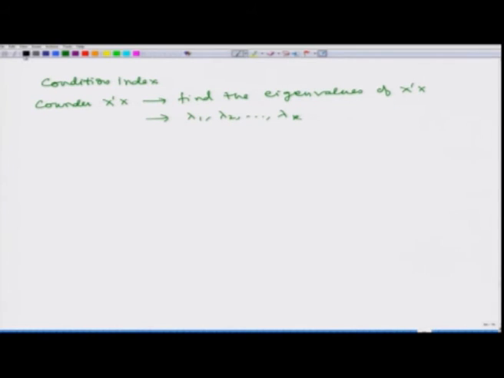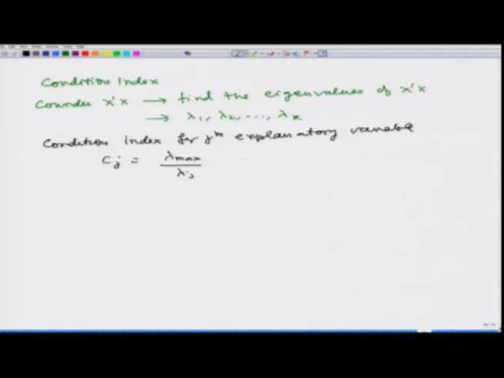Then based on that, we define the condition index for the jth explanatory variable as C_j equal to lambda maximum upon lambda j, and j goes from 1 to k, where lambda maximum is the maximum value among lambda 1, lambda 2, up to lambda k.